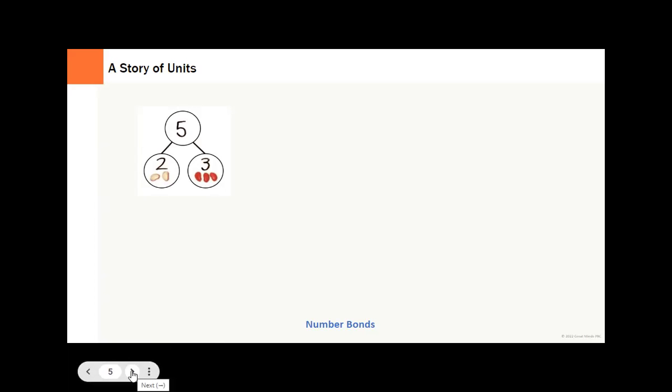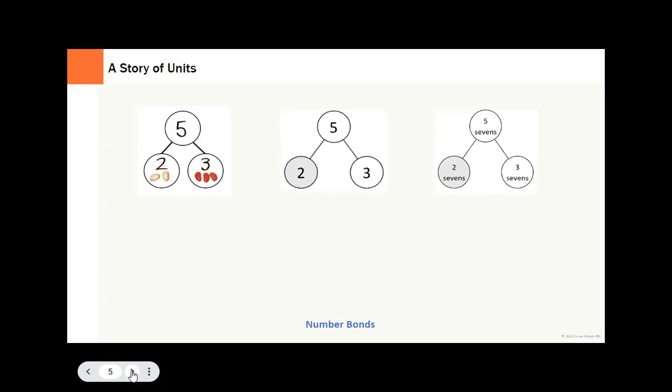So we can continue, and you'll see additional representations. This is what I was just talking about, how the students will see where they have the 5 as the whole, and just the 3, the shaded area wouldn't be visible initially. And then the students would be identifying that 3 plus 2 equals 5.